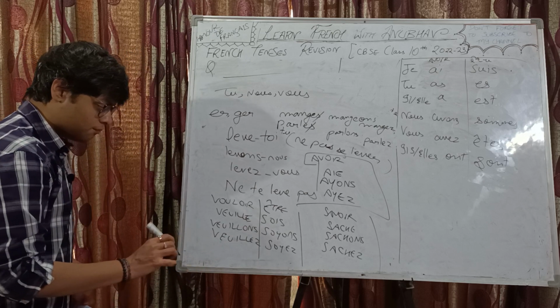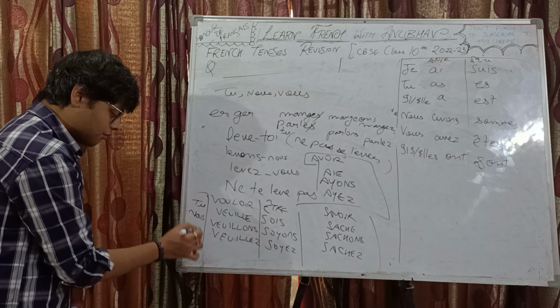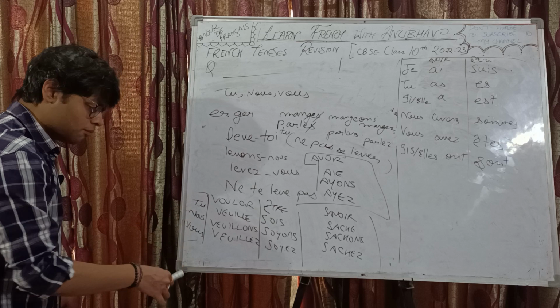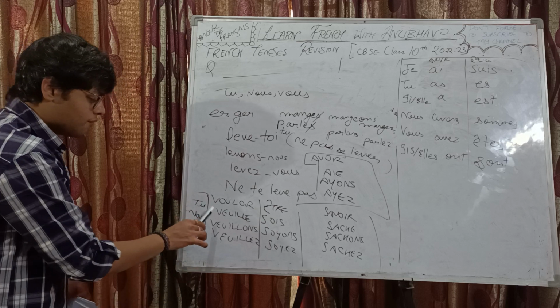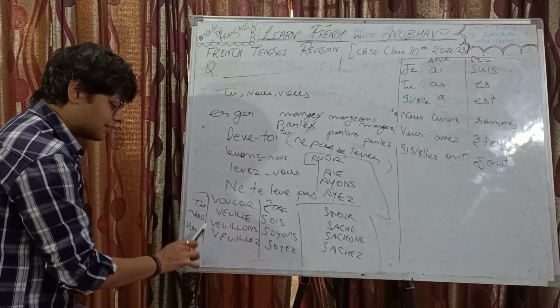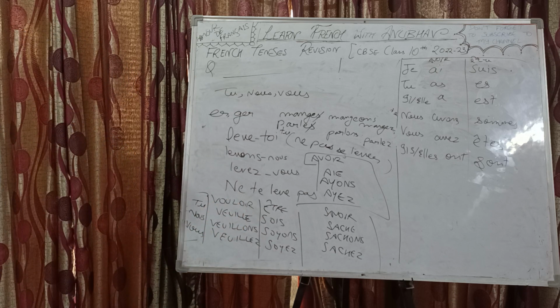Okay, the spelling might not be clear. The first one is with tu, the second one is with nous, and the third one is with vous. Subjects won't be coming, of course, right? Veuille, veuillons, veuillez. Let me just quickly check whether the recording is taking place properly or not.